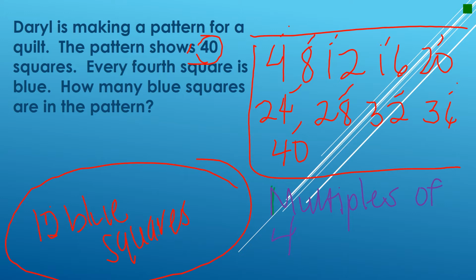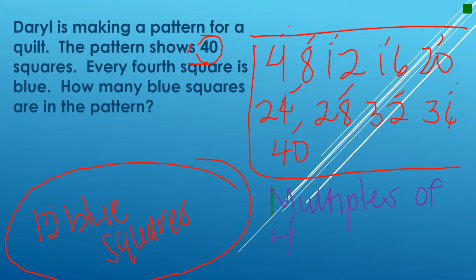So somebody tell me what a multiple is. Landon. A multiple is something that you get by taking a whole and adding it with another number. That's a close answer.